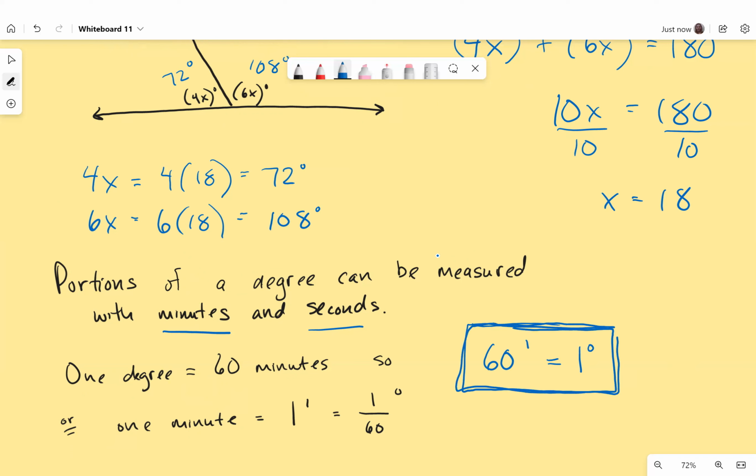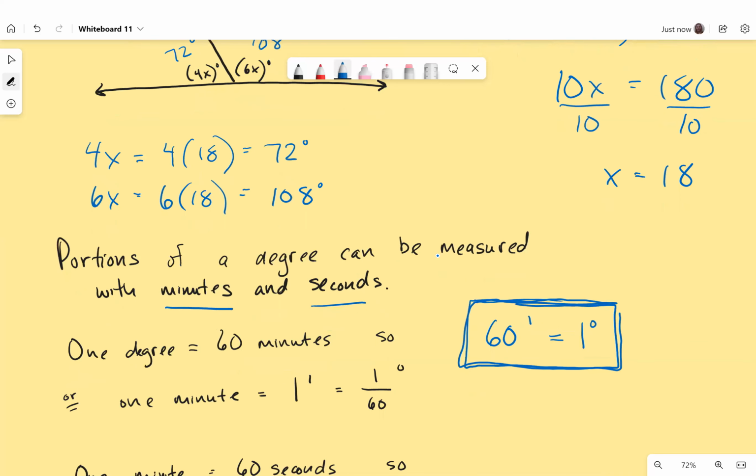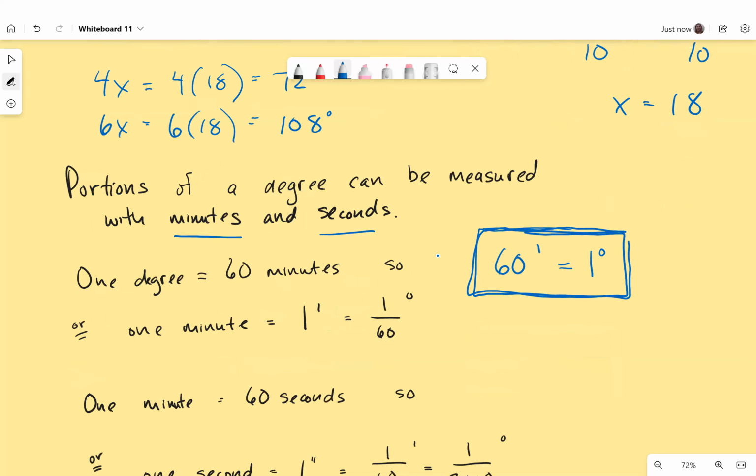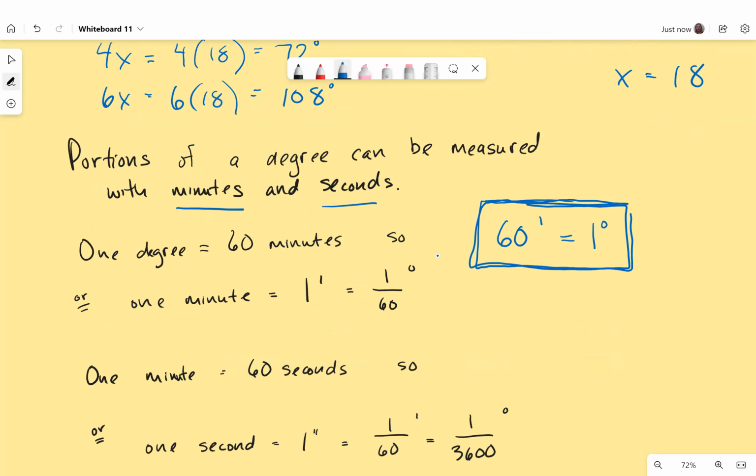And another way we could think of this is that 1 minute, if we divided both sides by 60, is 1/60th of a degree. Now we could take each of these minutes and break them down into 60 seconds. So now we can say 60, and we mark the seconds with 2 double ticks right there. 60 seconds equals 1 minute.